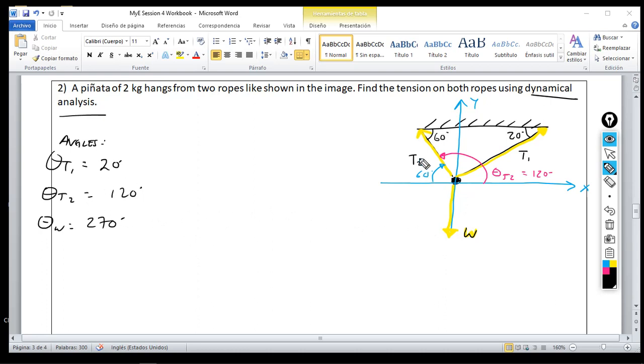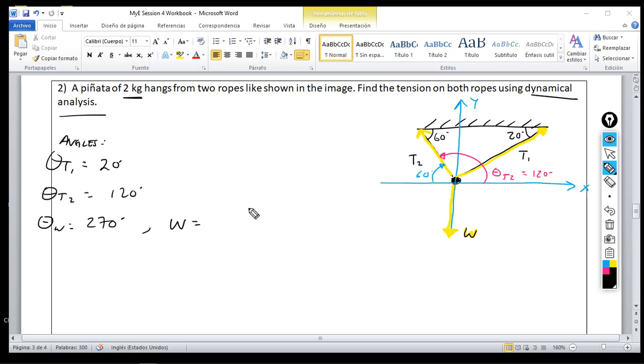We don't have the magnitudes of T1 and T2, because obviously that's what we're trying to find. The magnitude of the weight we do have, because we have the mass of the object, and remember that the weight is equal to mass times gravity. So the weight will be 2 kilograms times 9.8.